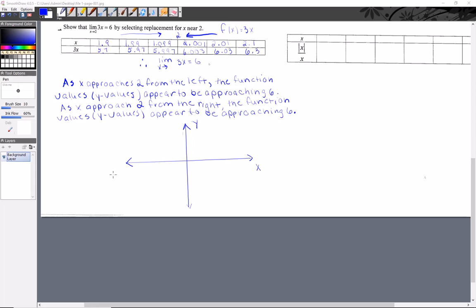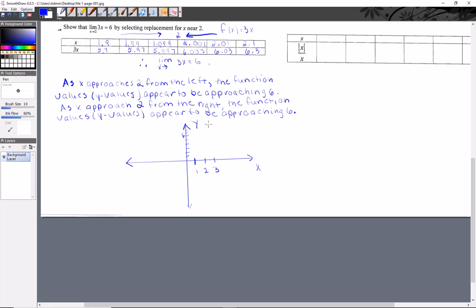This is what we're talking about graphically, so we'll just put some marks here. 1, 2, 3. And we'll make it a little smaller here. 1, 2, 3, 4, 5, 6, 7, 8. All right, 6 is about right there.